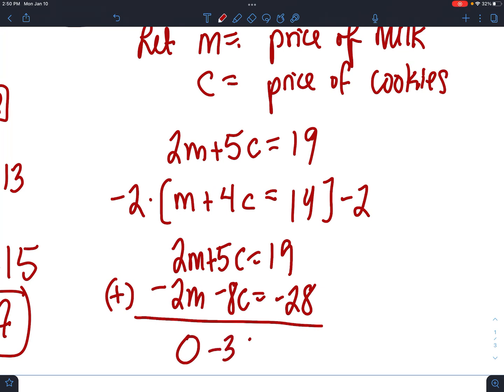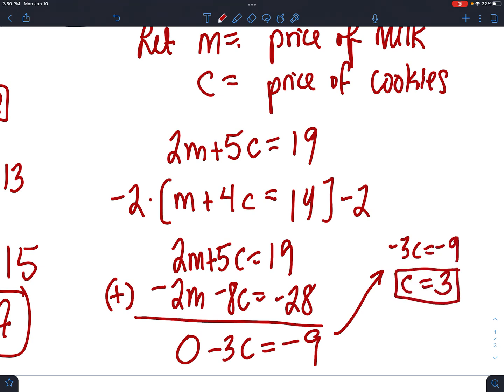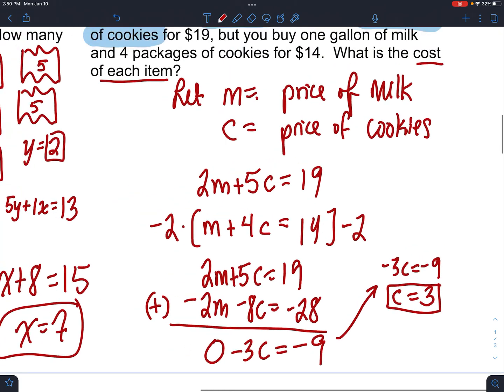Because now when I add down, I'm going to get an equation with no m's. The m's are gone, they're eliminated. And divide by -3, I'm going to get 3.